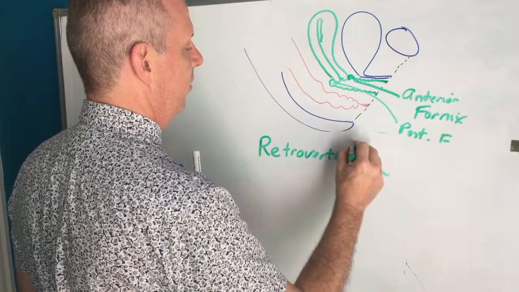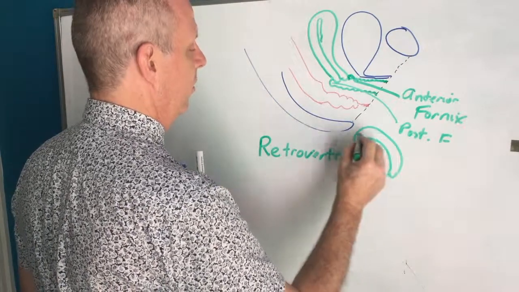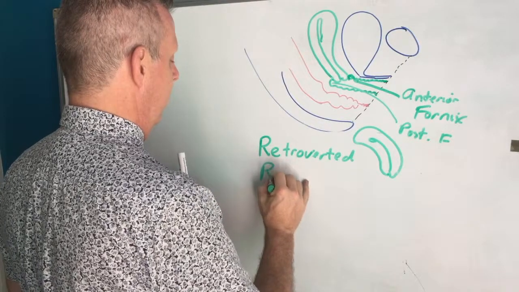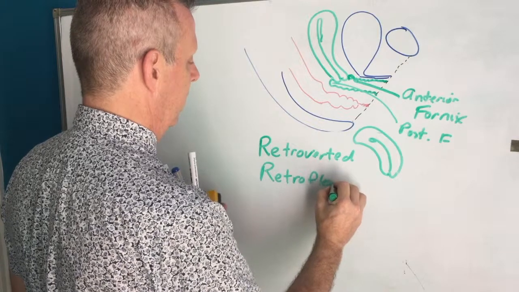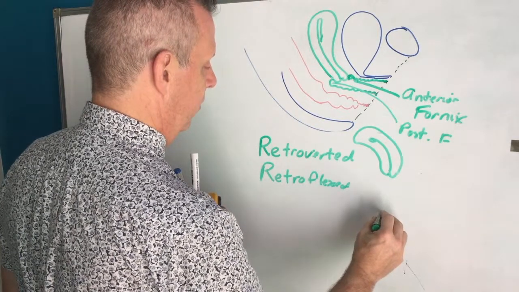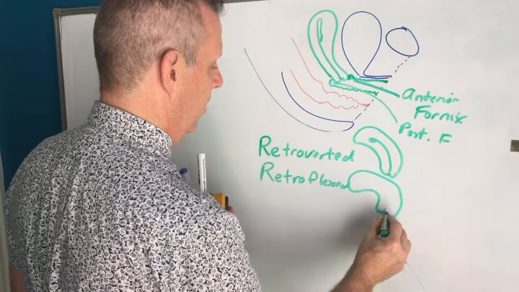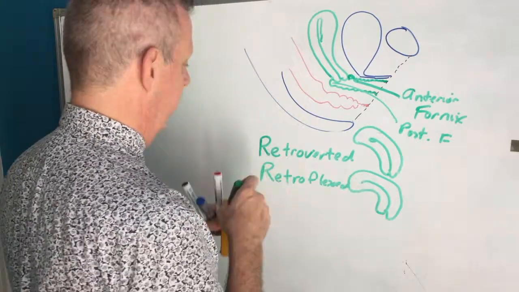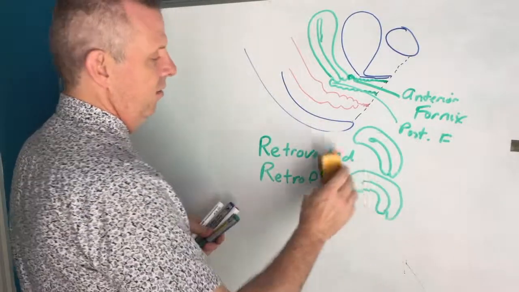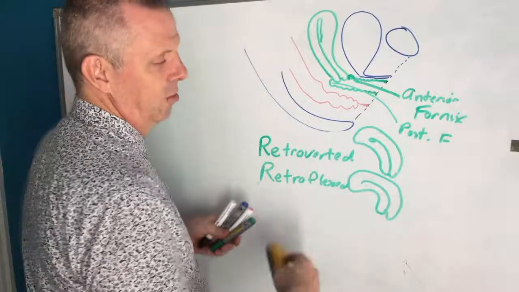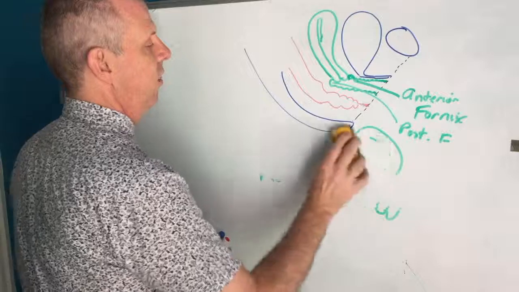So if it's facing this way, that's your retroverted, and of course you can have a retroverted uterus which is also retroflexed, where you've got your cervix here and it's really bent over, and the canal like that. Again, there's no real particular problem with that. It's just general, like some people are left-handed, some people are right-handed, some people have a retroverted uterus, some people have an anteverted uterus.